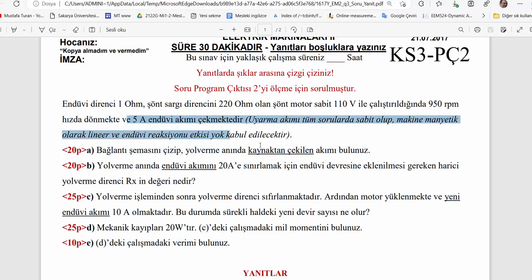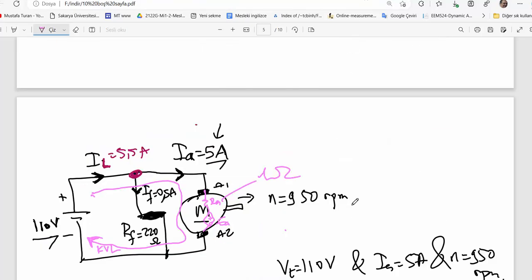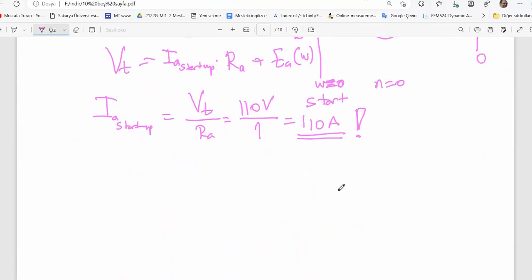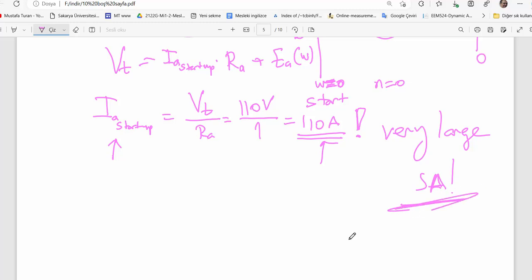Reasonable operating current was 5 amps. And now the machine is drawing 110 amps during startup. Very large current, larger than 5. Some precautions must be taken.